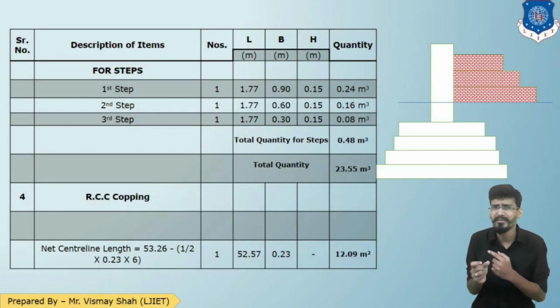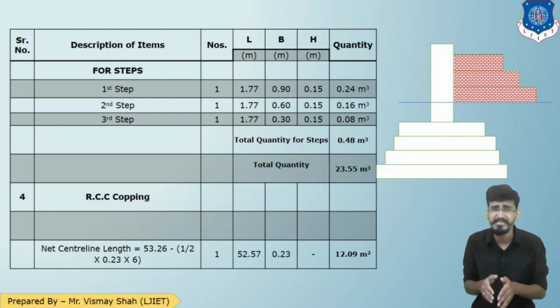Now talking about the width, as you can see in the drawing, at the bottommost part there are three steps. The riser and tread dimensions are given, 0.15 riser and 0.30 tread. If it is not given, these are the generalized dimensions which we need to assume for the steps.